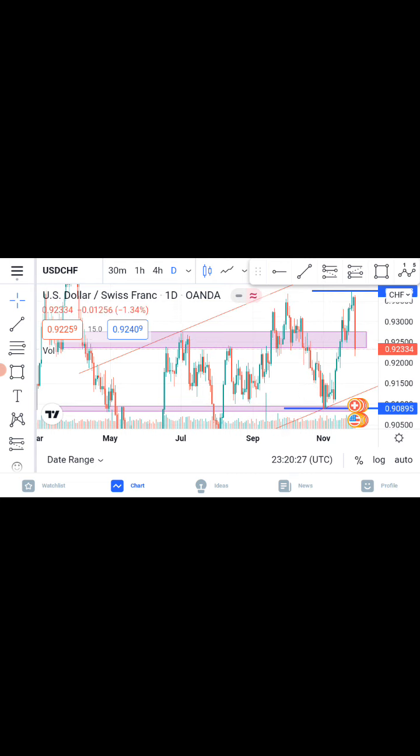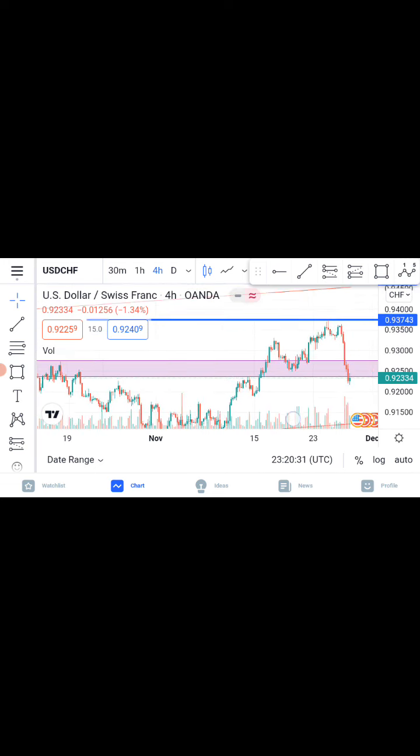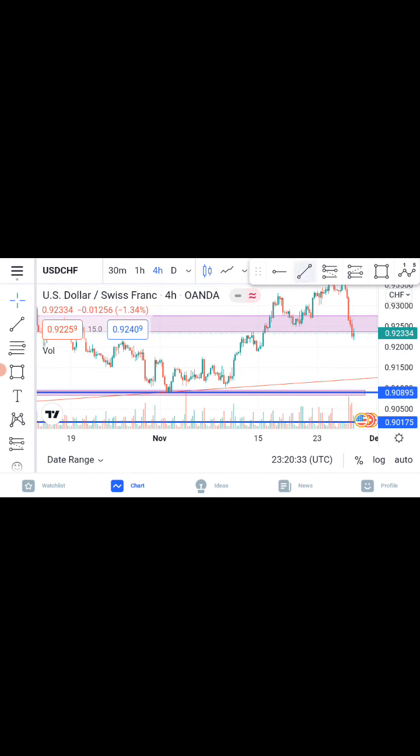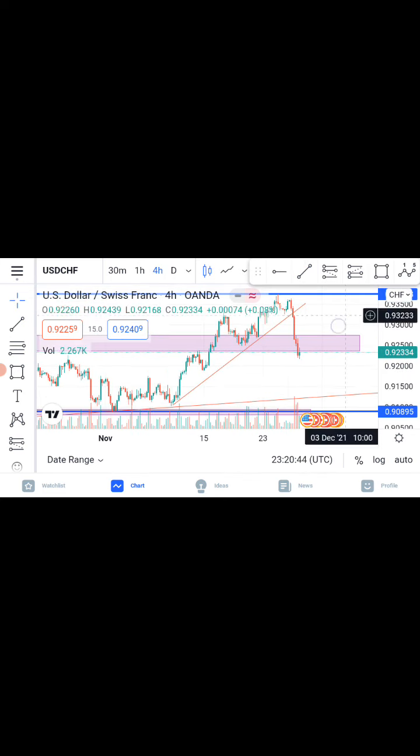Then move it to 4-hour to have a broader view. You see how I'm able to point out those breakout retests that I'm telling you about. There's the clear breakout retest that I was telling you about. Look at how every time the market was here, it bought, then until this high it broke.